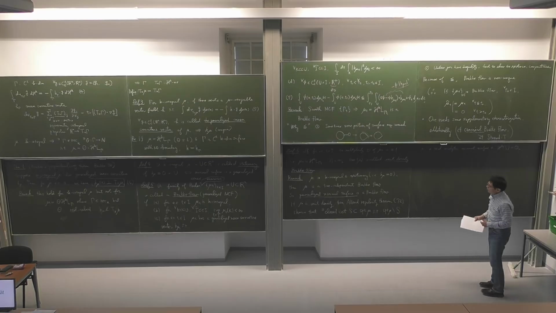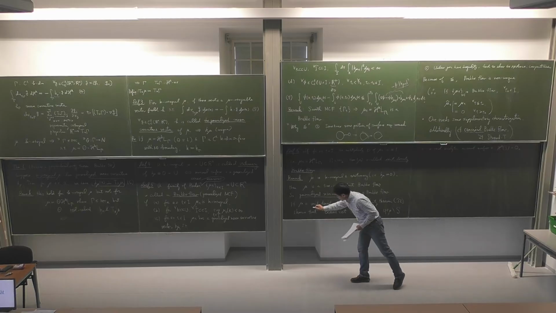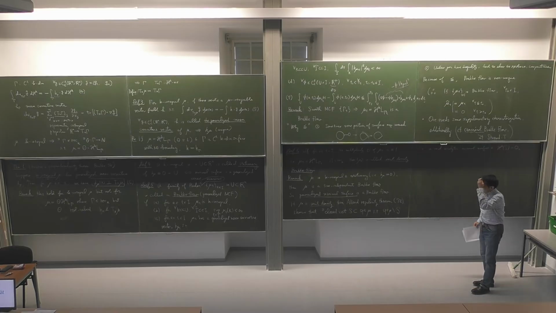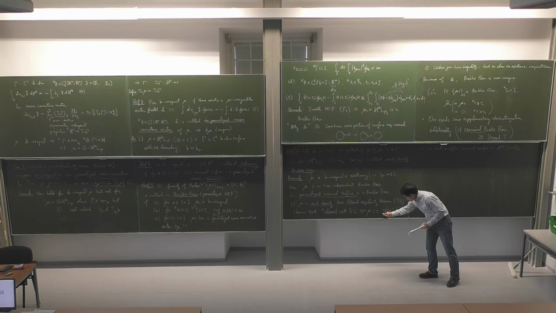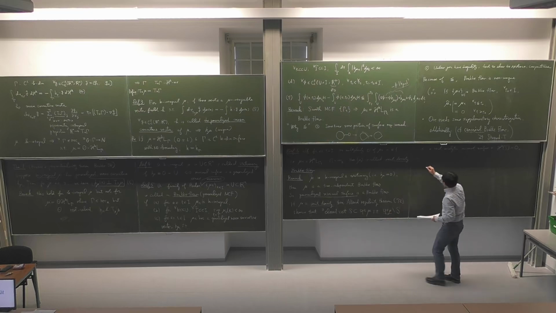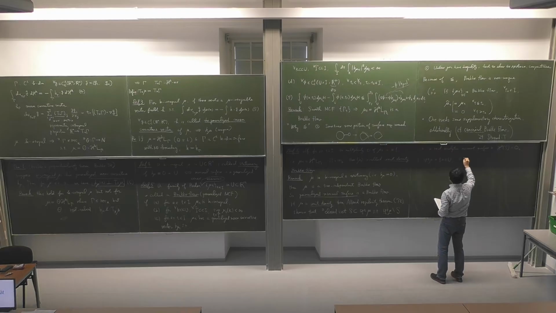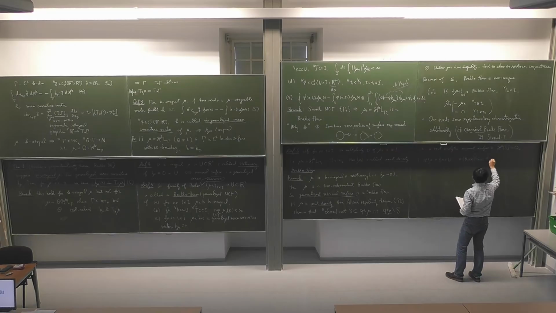It is a little bit important that it is unit density, but if it is, then the Allard regularity theorem tells you that the support of mu, maybe I should define this, means the set of points where mu of the ball of radius r is not 0 for any r.